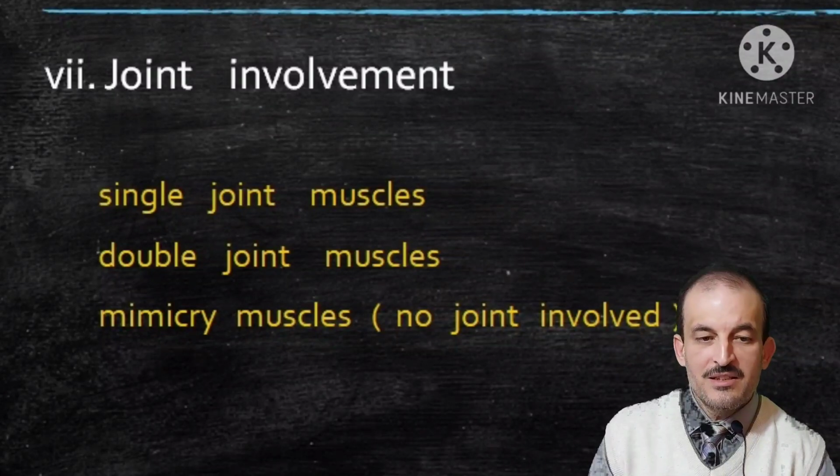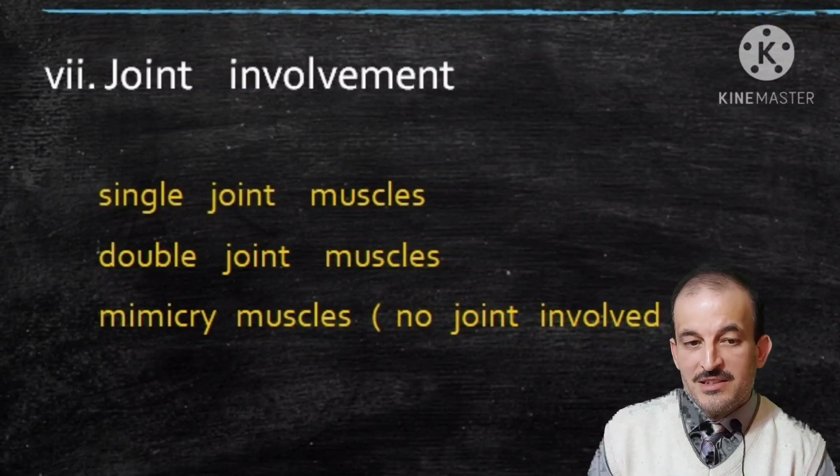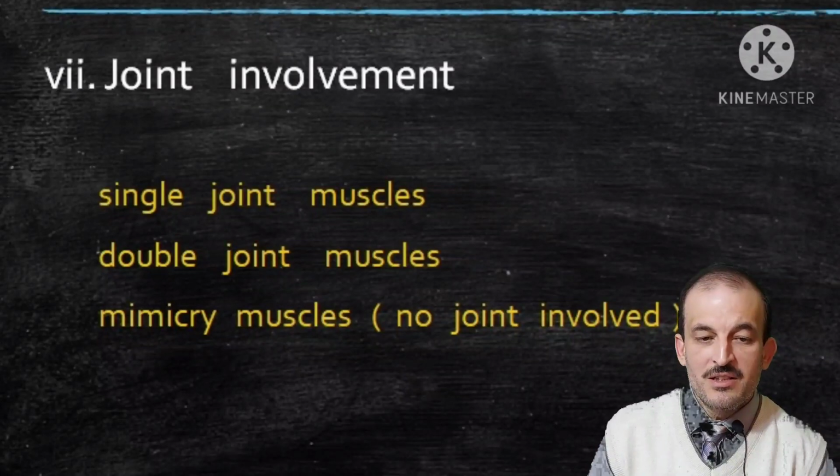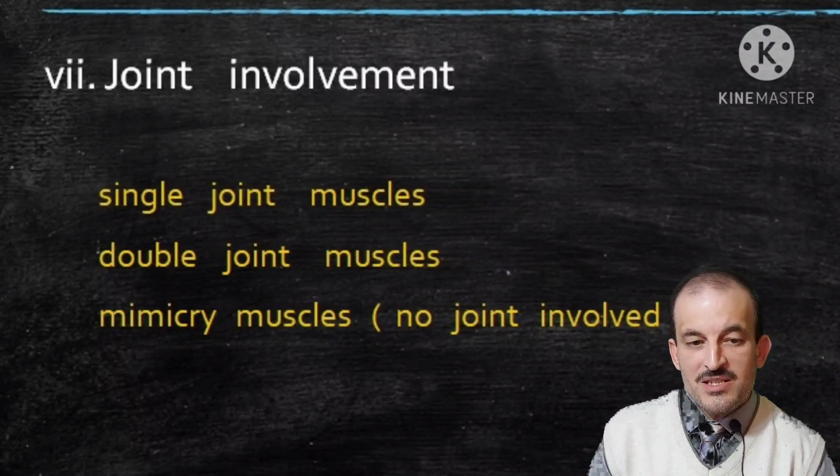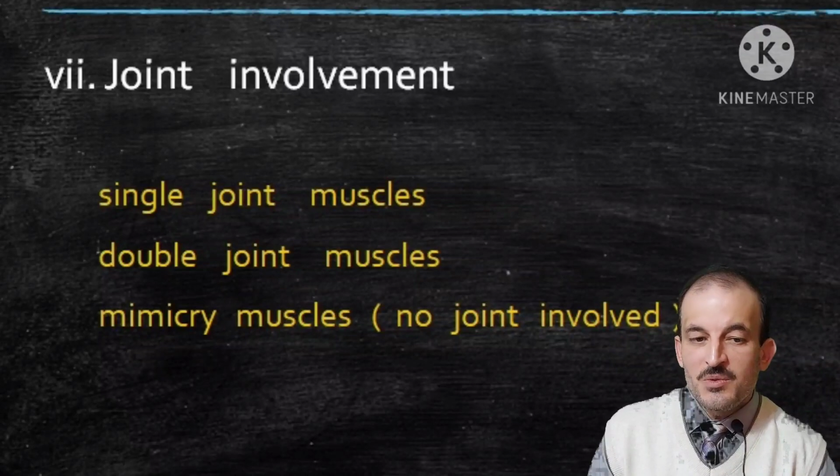following slide. Regarding the joint involvement, we have muscles that cross a single joint, we have muscles that cross double joints, and we have muscles that don't cross any joint. These are called mimicry muscles.